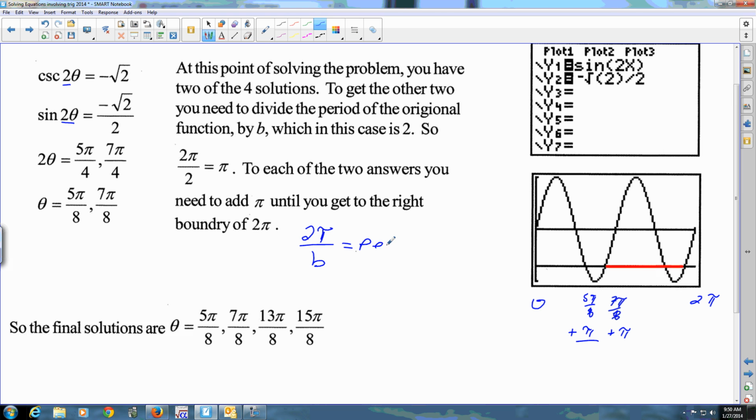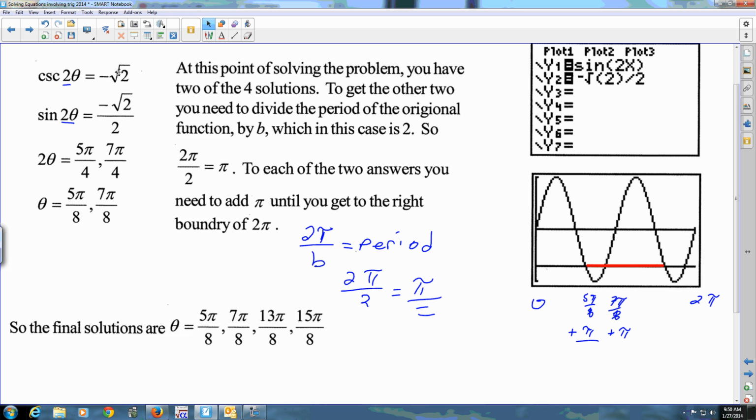This is the period. 2 pi over 2 is pi. The other answers are going to appear pi units later because the function recycles itself pi units later. So the answers are going to repeat.